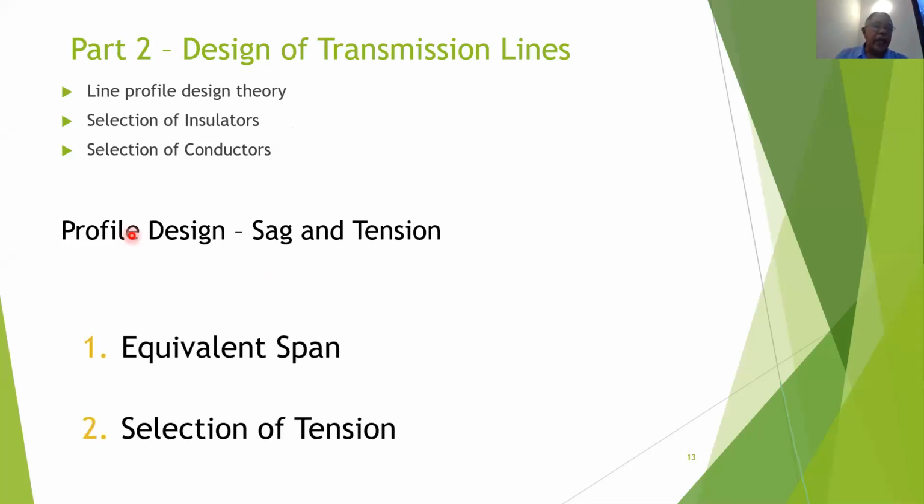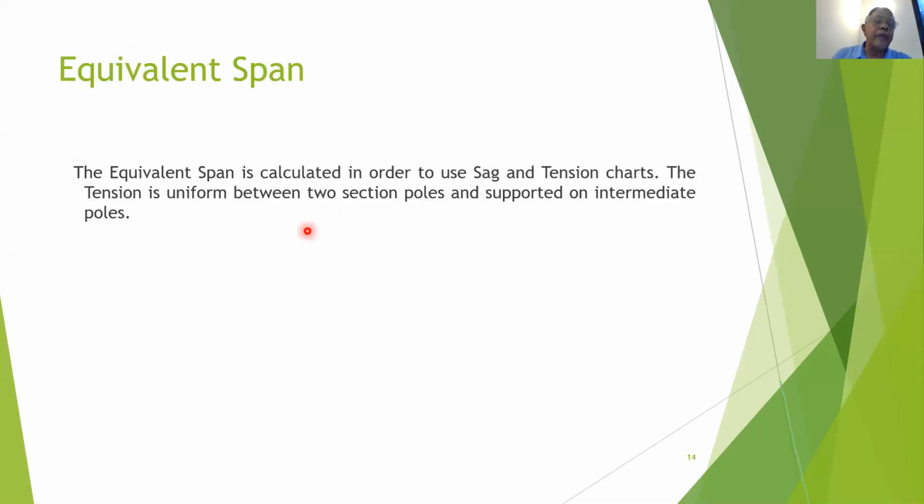So on that, we are going to derive an equivalent span and selection of tension. Equivalent span. So the equivalent span is calculated in order to use sag tension charts. The tension is uniform between two sections of poles and supports on intermediate poles.